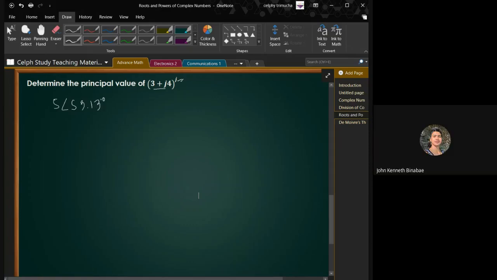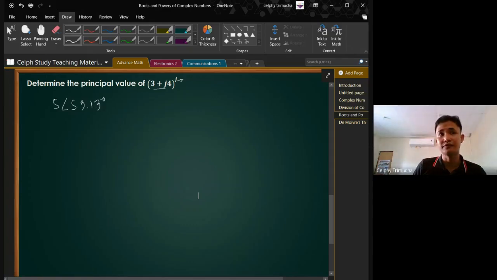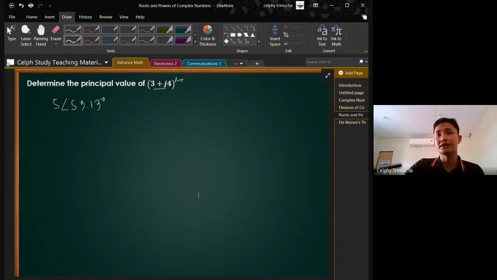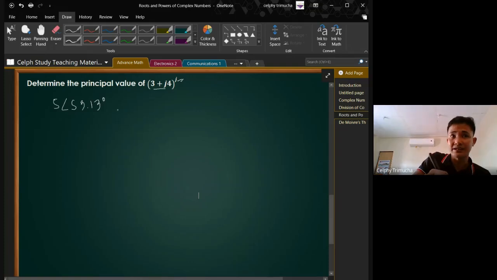So, but take note that the general form of isang imong roots or powers of complex numbers dapat may ari kaya sa puntas ang plus 360k. So, ari ni siya nabutang ni sa videos nga ginapalanta ko tani sa inyo kagina.